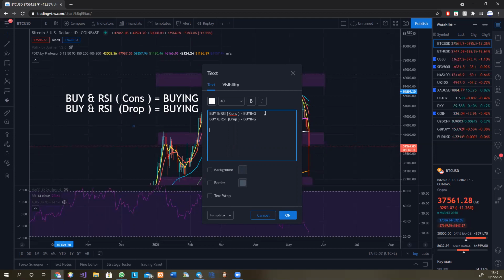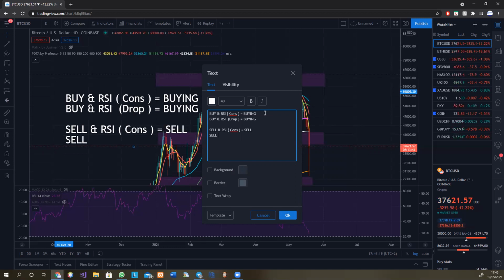Now, if market is selling and the RSI is consolidating, market is looking to sell.